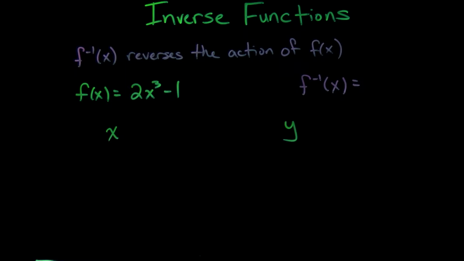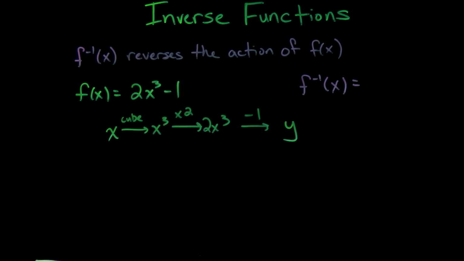We're multiplying by 2, we're cubing, and we're subtracting 1. So using our order of operations, we first have to cube, and then we have to multiply by 2, and then we need to subtract 1. And that's going to get us to our output.